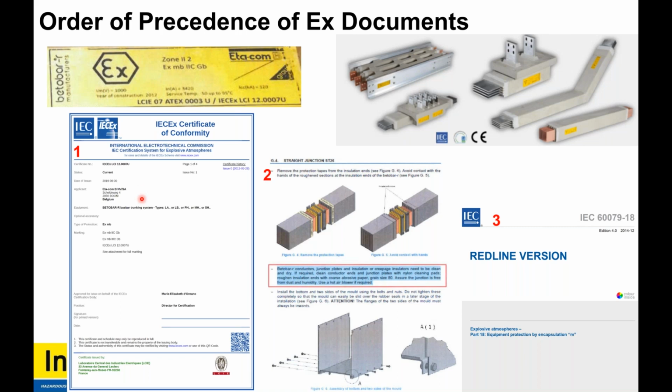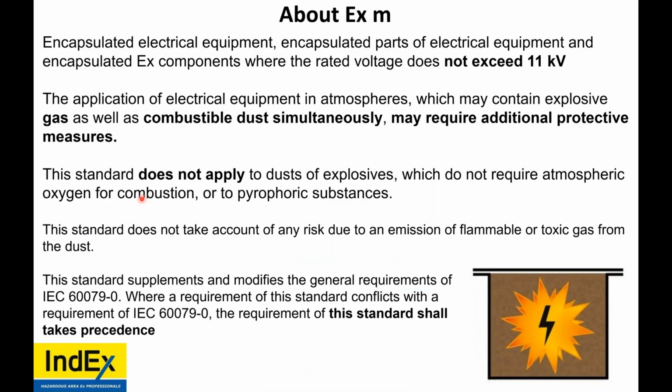Now, let's jump into it. EXM, what is it? Well, it's encapsulated equipment, electrical equipment, encapsulated parts of electrical equipment, and encapsulated EX components where the rated voltage does not exceed 11,000 volts.